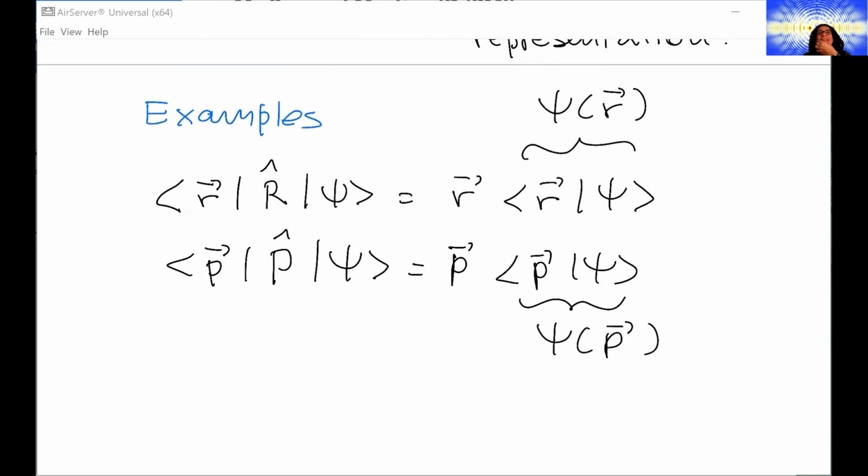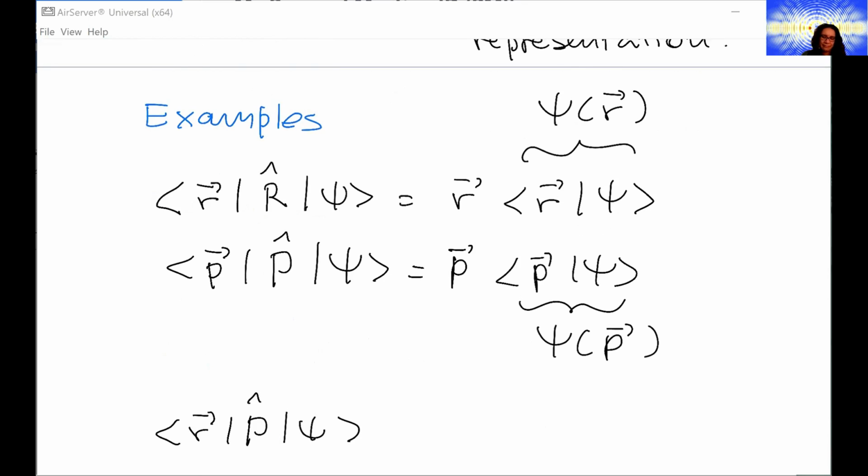And if you now decide to look at something else, say I want to write <r|P|psi>, I can again apply this here, and I know that I'm going to get this. It can be done in detail. I'm not going to do it, but it's going to be in some exercise sheets because I think it's important.